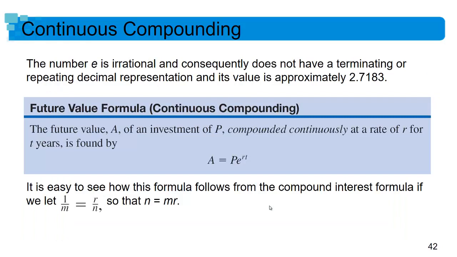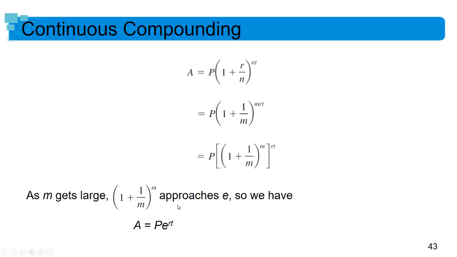And then if we plug that into the formula, this is where we get our continuous compounding formula: the amount is the principal times e, that weird number that we just kind of created, raised to the power of R times T. And you can see where this formula comes from if you do this simple substitution, where 1 over m equals R over n. And so therefore, if you cross multiply, you get n equals mR. It'll make more sense on the next slide.